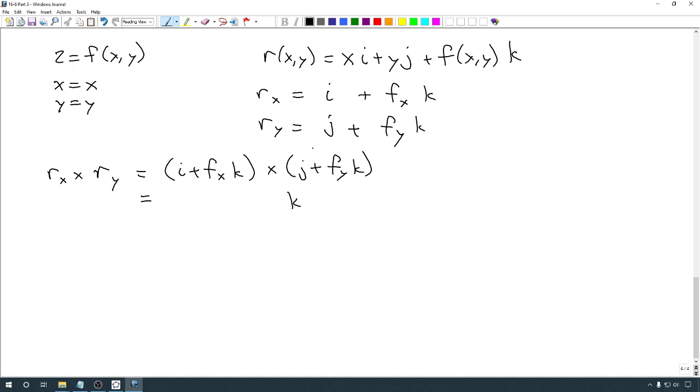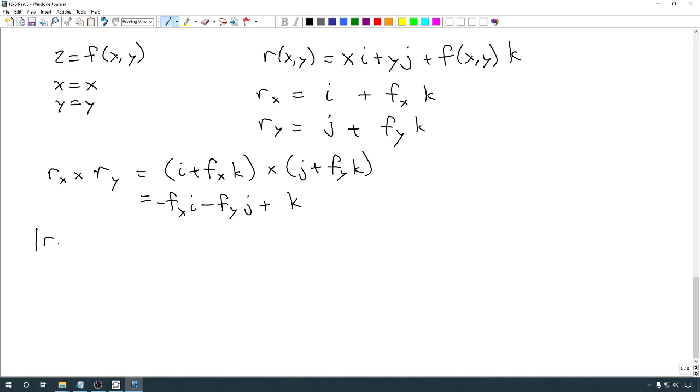So we'll have a negative f sub y j. k cross j, that's also the wrong direction. So we're going to end up with a negative i, or negative f sub x times i. And then finally, the last pairing, we have f sub x times k and f sub y times k. Well, k cross k is just 0. So our actual vector here is negative f sub x i minus f sub y j plus k.